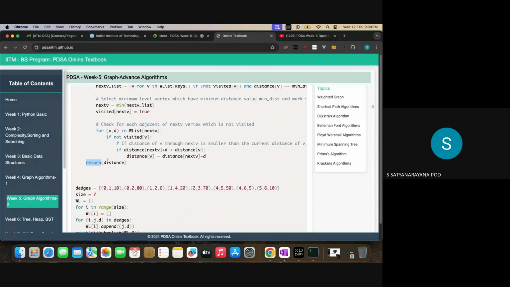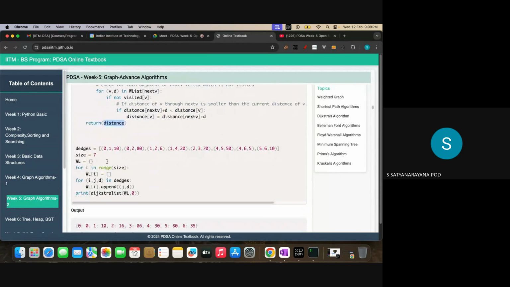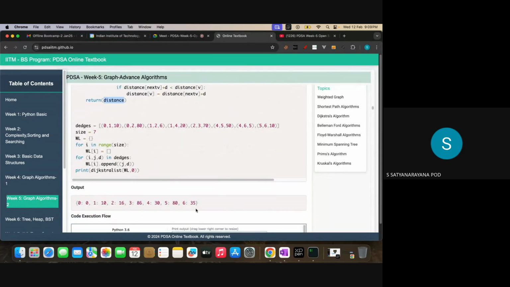If they return the distance matrix and visited matrix also, this is what you will get. If along with distance we are printing the visited matrix also, you are getting like this: 0, true, 1, true, because already you have worked with BFS and DFS algorithms. Is it right? It's like this only. Am I right?